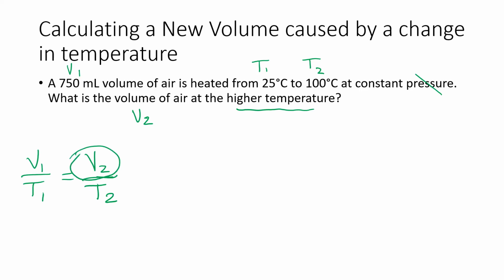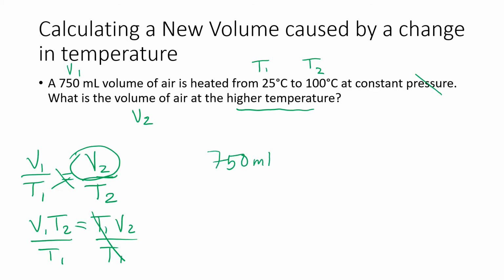So to do so, I need to cross multiply. So V1 T2 equals T1 V2. I am trying to solve for V2, so I divide both sides by T1. So V1 is 750 mL.